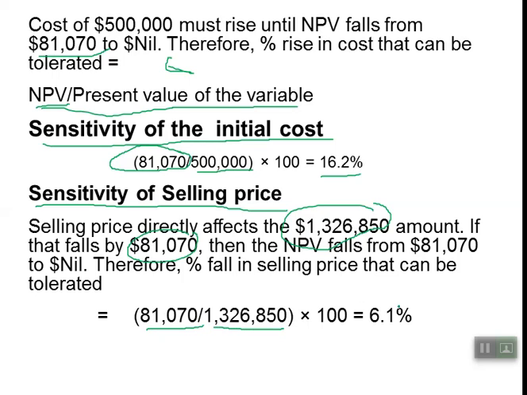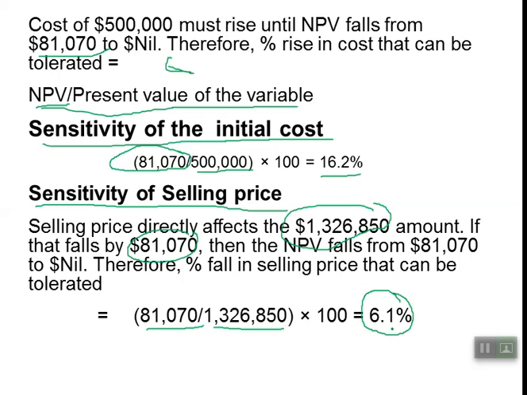So it means if your sales price reduces by 6.1%, automatically your NPV is going to be equal to 0. So for cost, we look at an increase. For revenues, we look at a decrease. You cannot say that if the revenue increases, it can become 0.